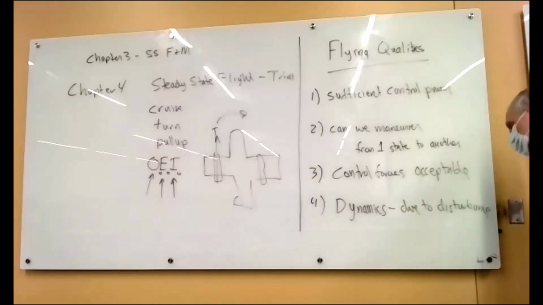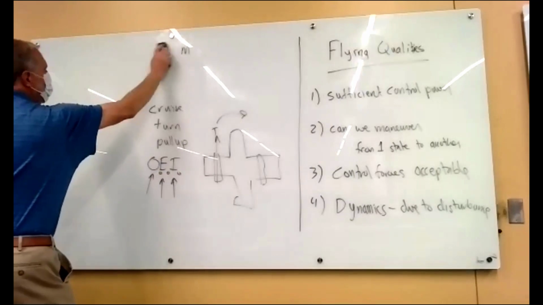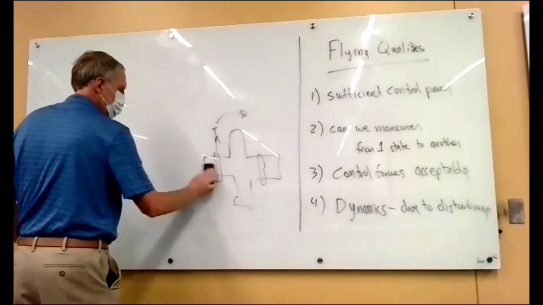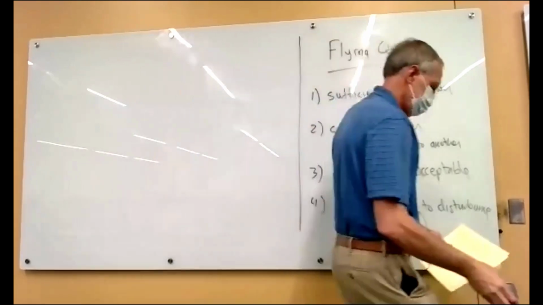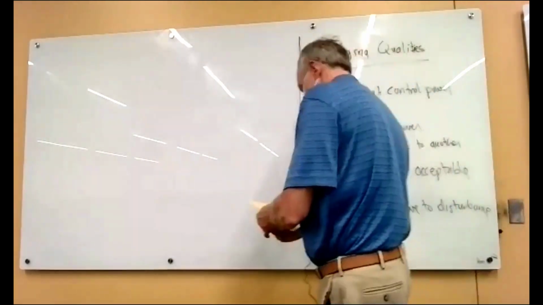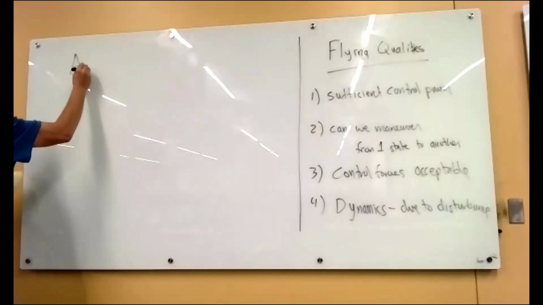And the specifications that we'll look at, especially in chapter 6, come from the various regulations for flight. So these are called airworthiness requirements.